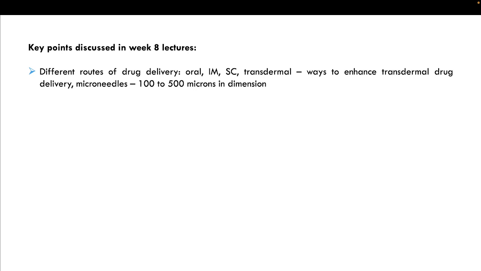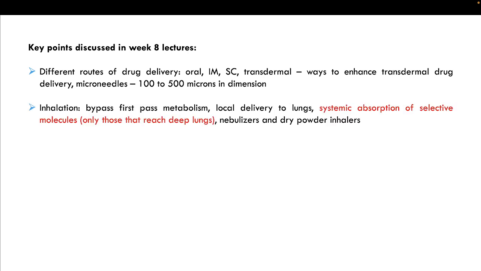So this is what we saw in the last few lectures. In this week's lectures, various different routes were discussed. The first was inhalation. This is taking drug through the nasal route, and this becomes important when you want to deliver your drug specifically to the lungs.